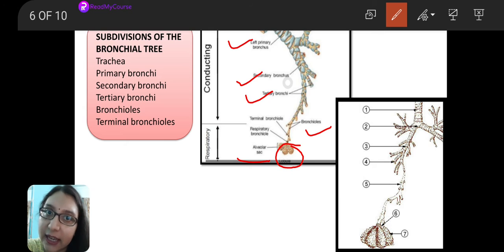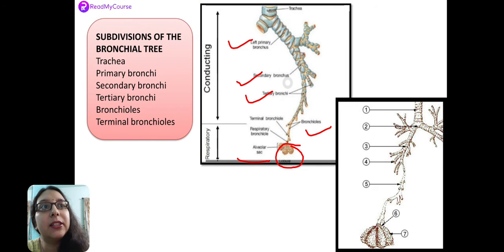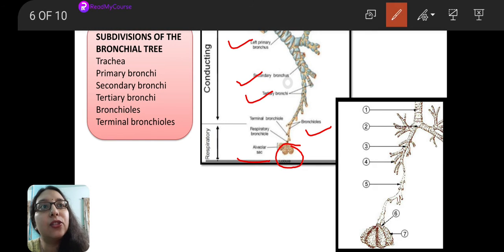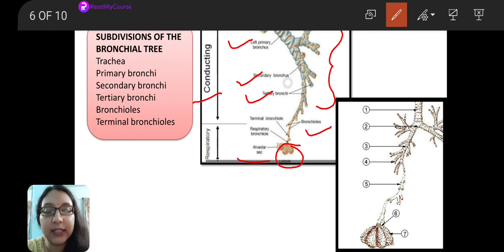The alveolar sacs. The alveolar sacs are sac-like structures that are mainly responsible for the gaseous exchange of carbon dioxide and oxygen between the bloodstream and the lungs. They are the main sites where respiration is taking place, and the rest of the part, this whole structure, is the conducting portion, that is, they are conducting the air.